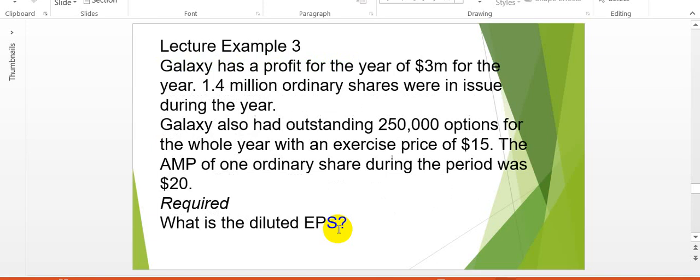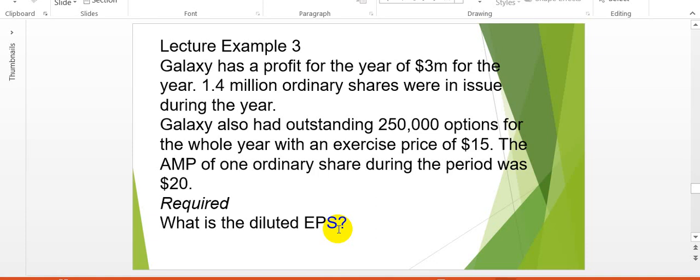We move to look at a lecture example. Galax has a profit for the year of 3 million. It also has 1.4 million ordinary shares in issue during the year.